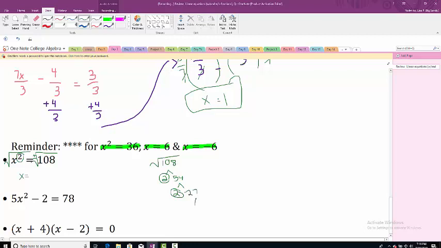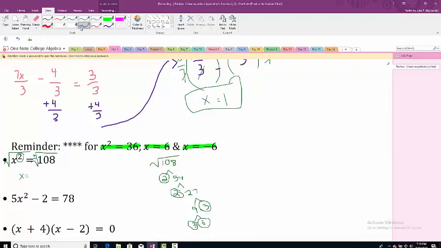And then to get to 27, I know I can do 9 times 3. 3 is prime. And then 9 is 3 times 3. And those are also prime. So I have broken down 108 into 2 times 2 times 3 times 3 times 3.